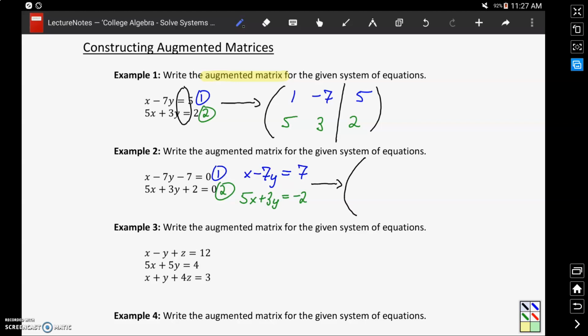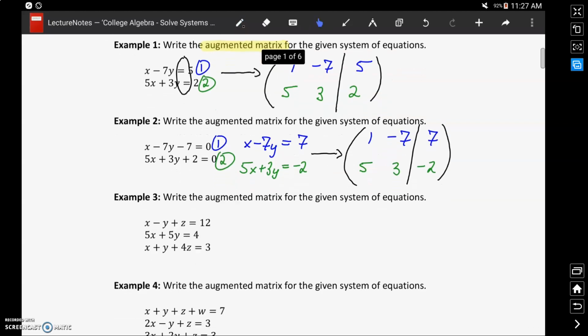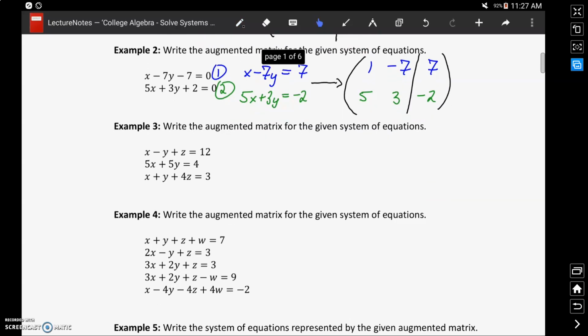Now we can turn this into our augmented matrix by, again, taking the coefficients for each row and then adding that vertical line in place of where the equal sign would exist in our equations, separating, again, the variable terms on the left-hand side with the constant terms on the right-hand side.